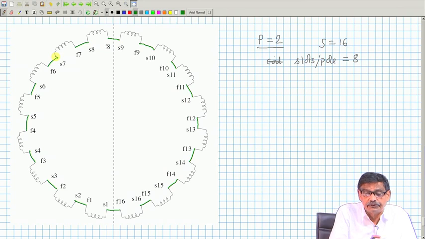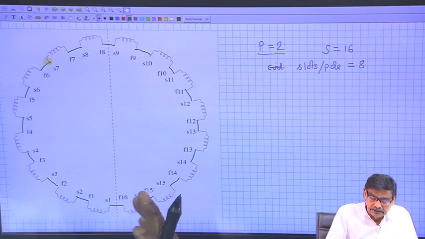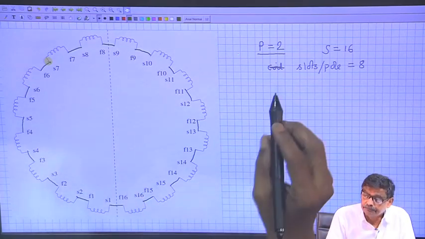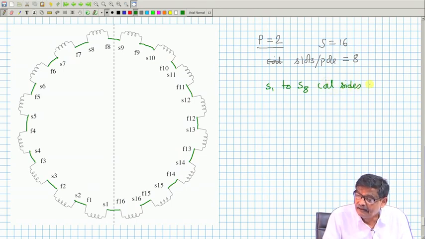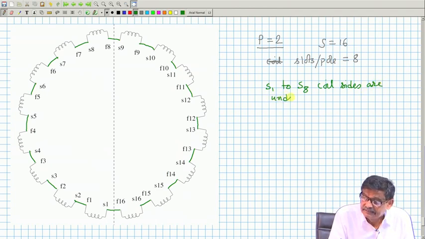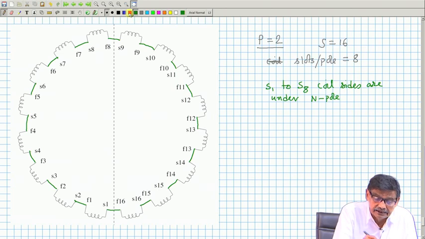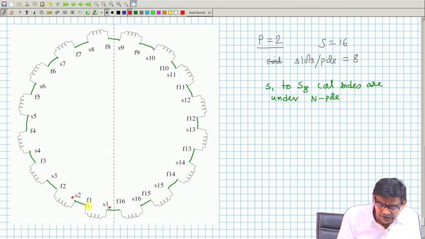I have taken a snapshot when these 8 coil sides, S1 to S8, are under the north pole, and the direction of rotation is such that if S1 is plus, F1 must be minus, because F1 is the other coil side, which must be under the south pole.